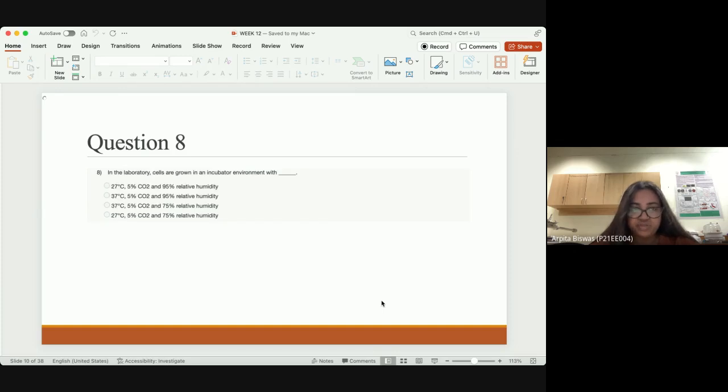Next, moving to question number 8. In the laboratory, cells are grown in an incubator environment with first option 27 degrees centigrade, 5% CO2 and 95% relative humidity. The second option is 37 degrees centigrade, 5% CO2 and 95% relative humidity.